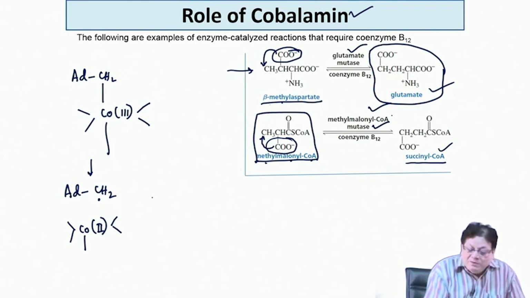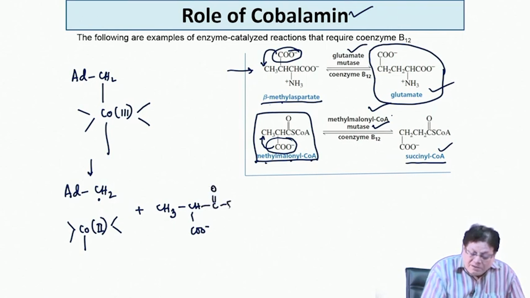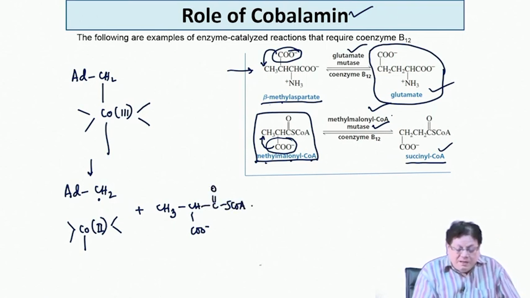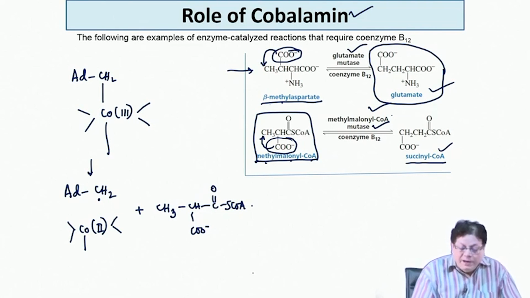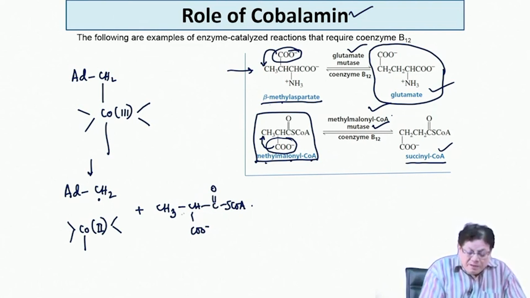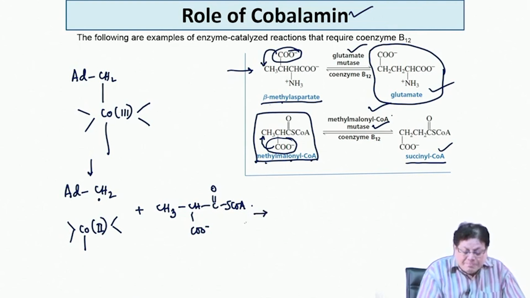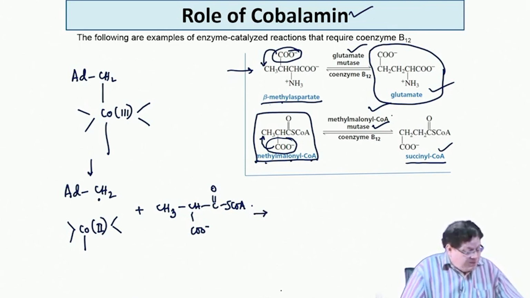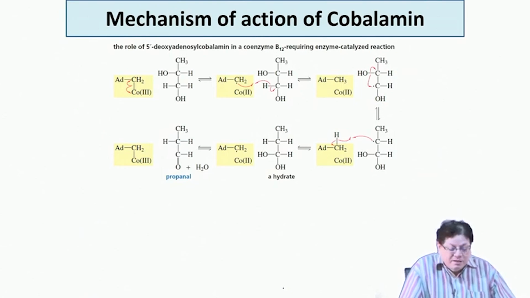Now, suppose I do this reaction plus CH3 CH COO minus and then CO SCoA. Okay. Methyl malonyl CoA, and then what happens? This takes up the hydrogen. Let me just see which hydrogen it takes. Methyl malonyl CoA is not given here.